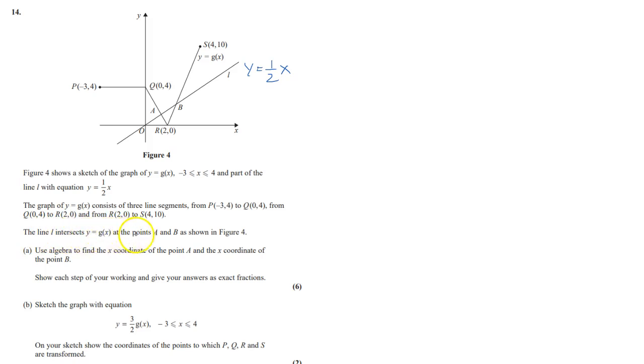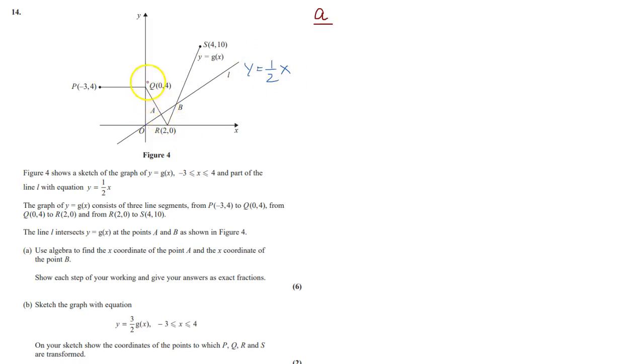Line L intersects GX at points A and B. Use algebra to find the x coordinate of point A and the x coordinate of point B. Use algebra means simultaneous equations. Let's talk about this point.